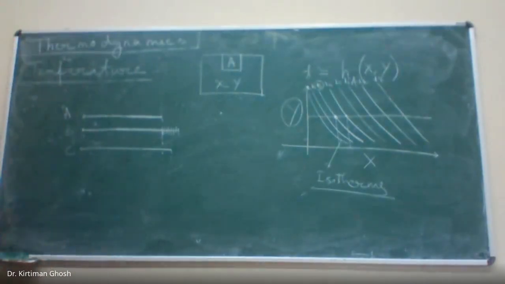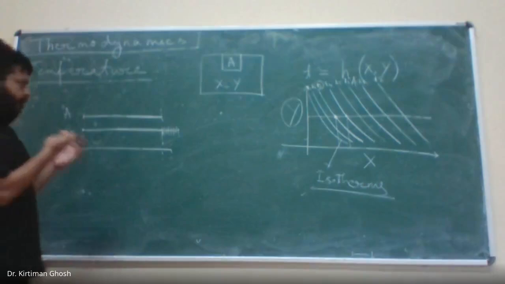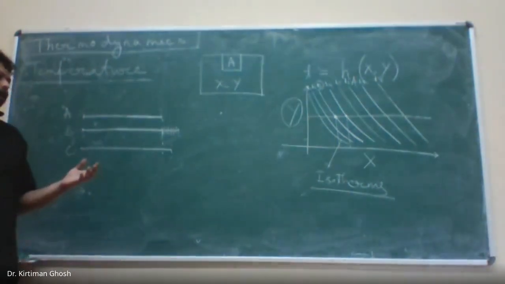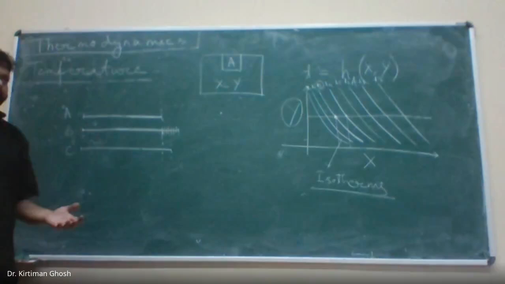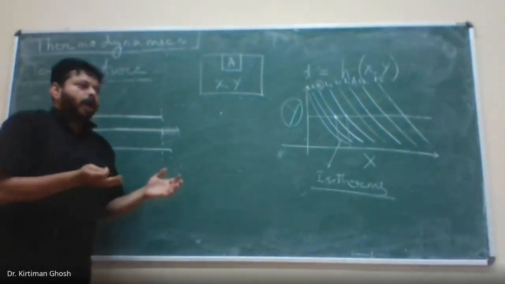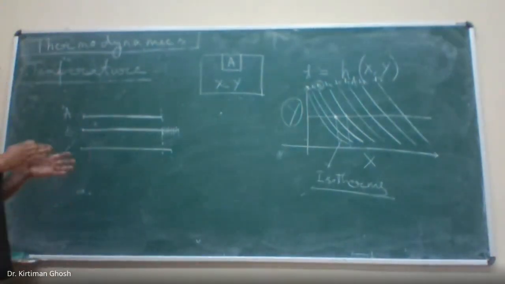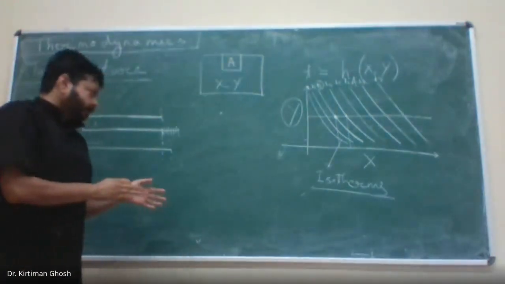But the problem is that the measurement will not be universal. If someone has a different instrument and measures the same temperature, there will be difficulty in coming to the same conclusion. So we should follow some universal convention.